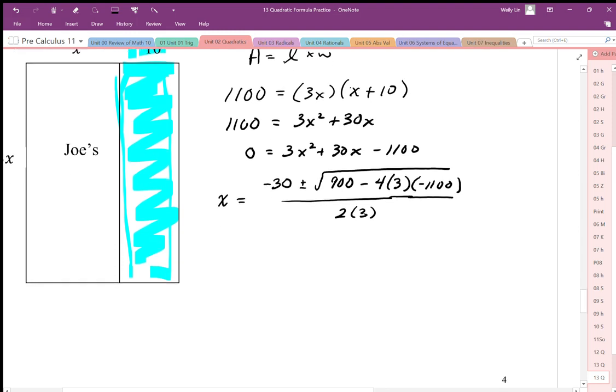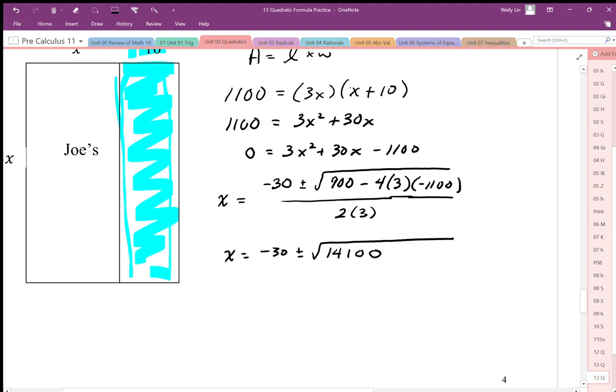Okay, so working this all out, I get negative 30 plus minus the square root of, this works out to be 12 times 1100 is going to give me 13,200, so it's going to be 900 plus 13,200. That works out to be 14,100.